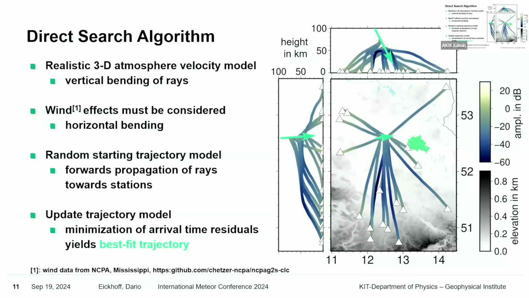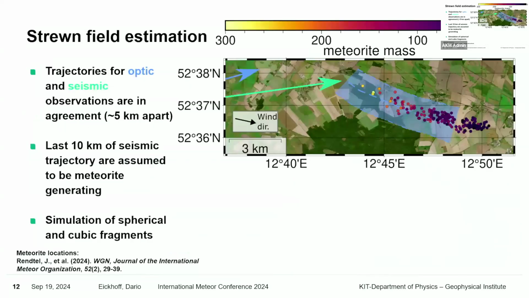So like I said, the green is our best fit trajectory that we got. And now I want to zoom in a little bit and look at how good it actually is. And I want to compare it with the optic solution, like you already saw in the talk before me.